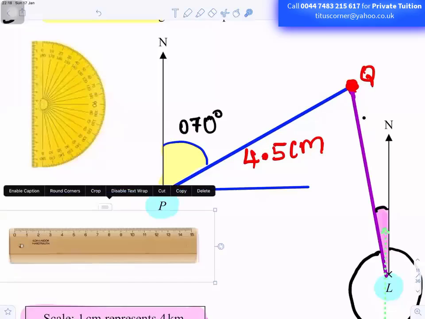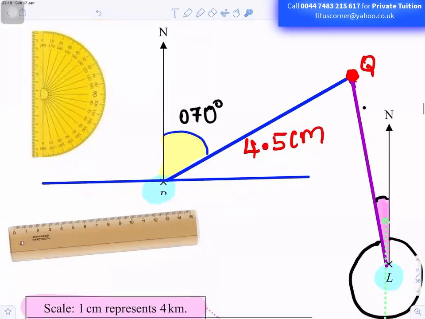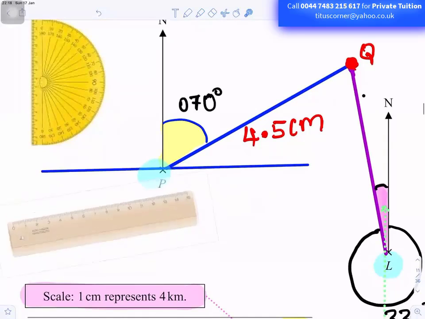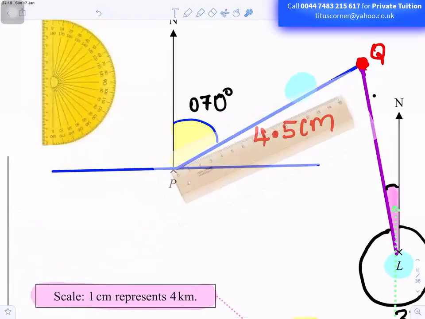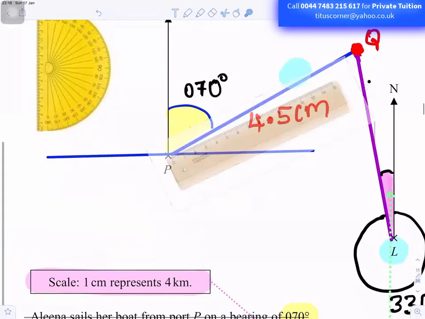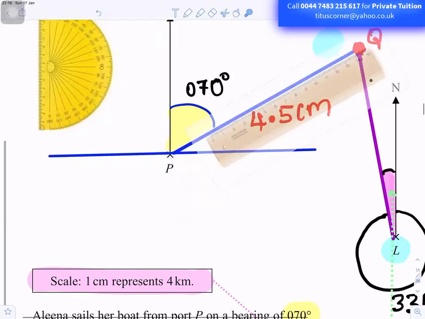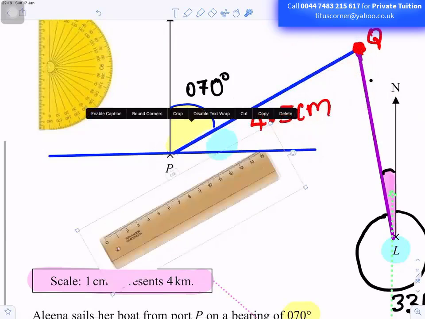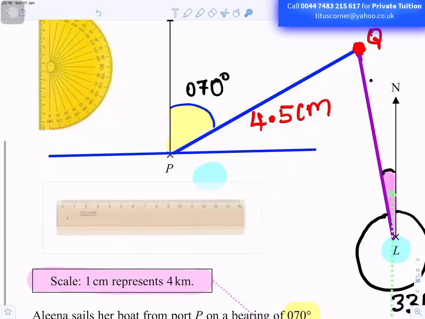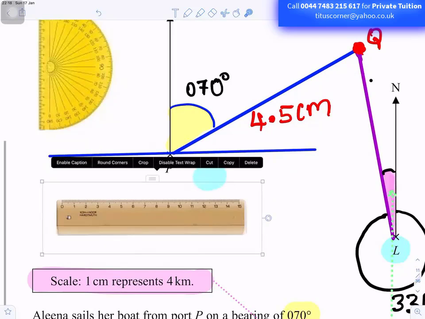So we will use the ruler and we will draw 4.5 centimeters. When you mark that, that will give you the position where Q is.